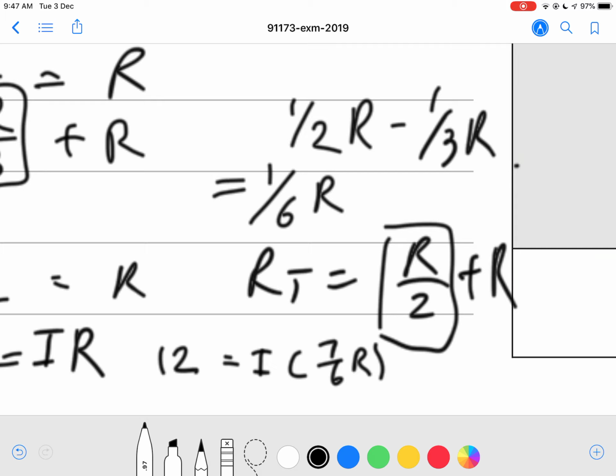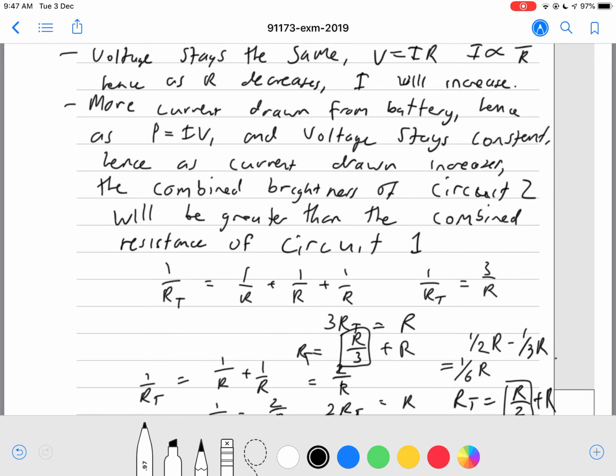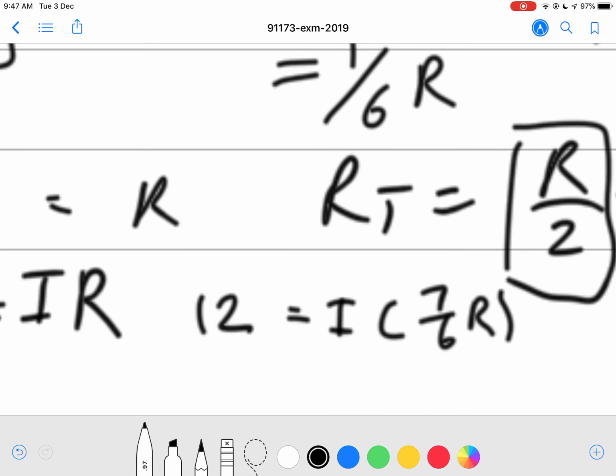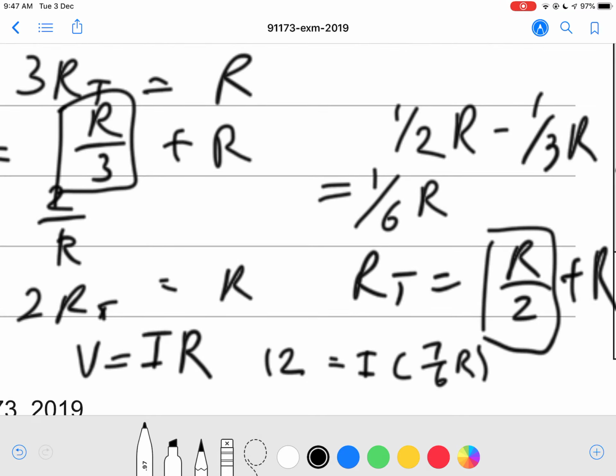I might do something incorrectly here. R over 2 and then R over 3. So yeah, the difference is 1 over 6R.